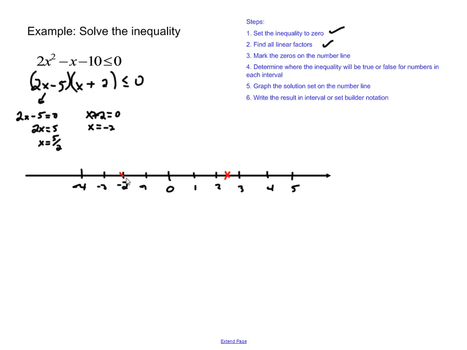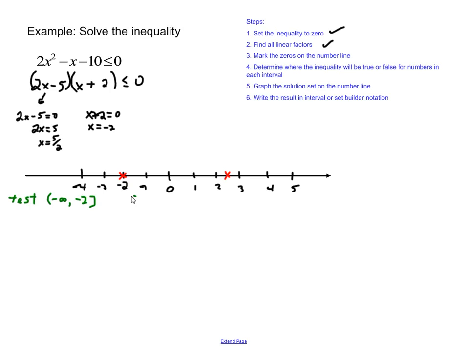Now what this does is divide the number line into 3 test intervals, is the way that I think about this. Our test intervals are going to be from negative infinity to negative 2, and we might possibly include negative 2 because we're using the less than or equal to symbol.